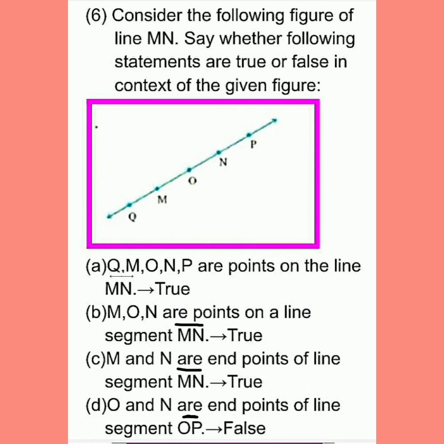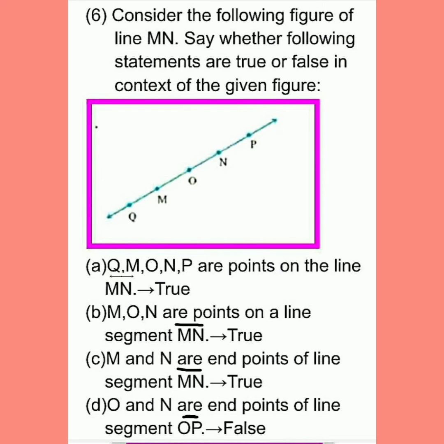Now question number 6. Consider the following figure of line MN. One line is given and many points are given. You have to write true or false. First one, Q, M, O, N, P are points on the line MN. Yes, it is true.